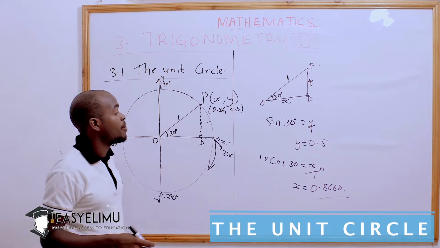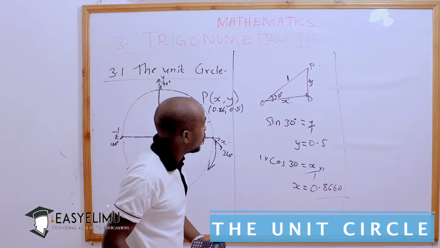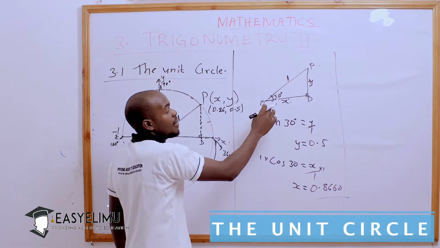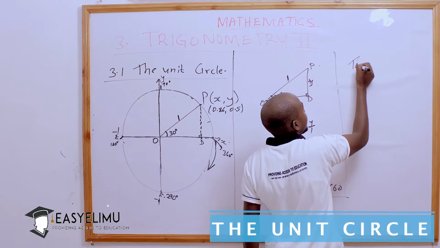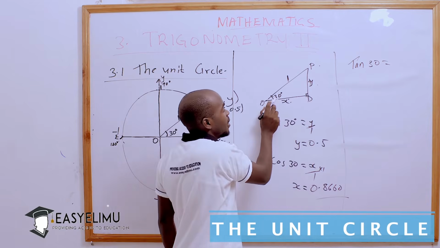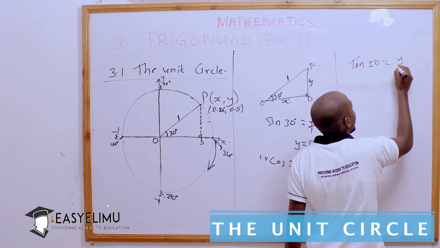So we can conclude that we can also find the tangent of that angle. If you need the tangent of the angle, which is tan 30, you will have to find the tangent as opposite over adjacent, so it will be y over x.